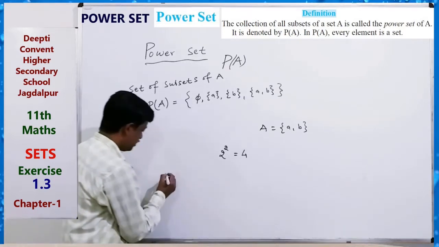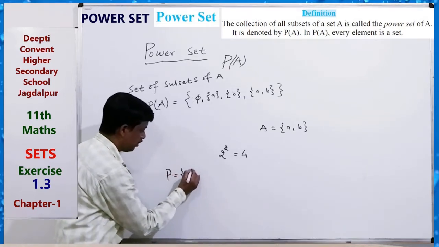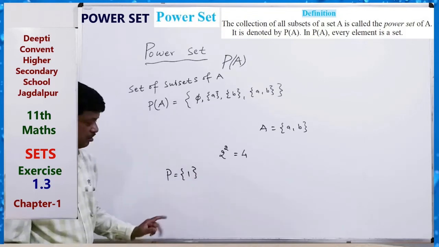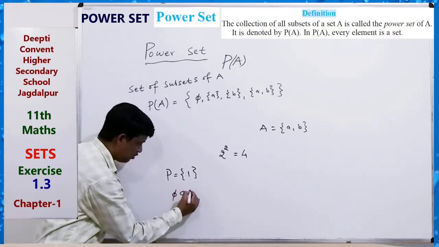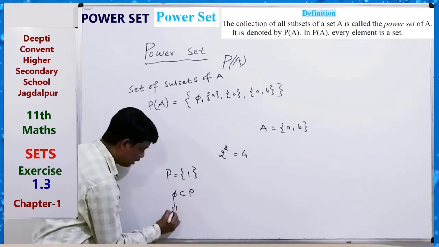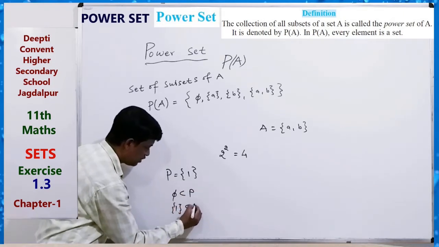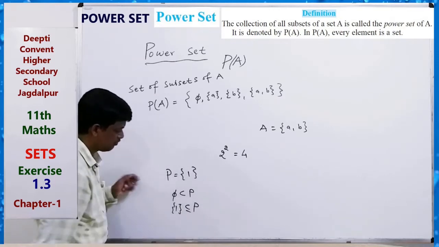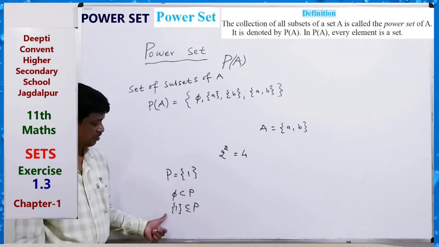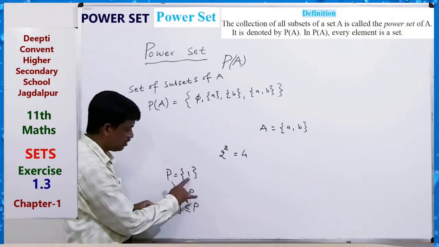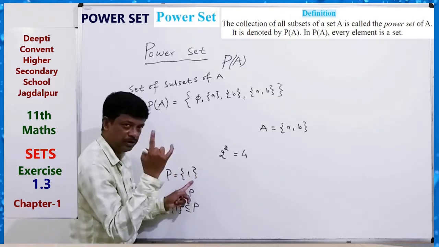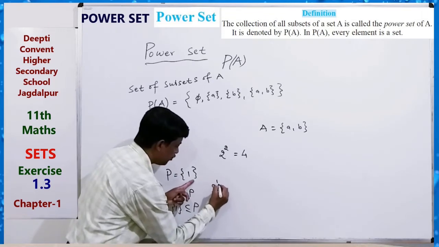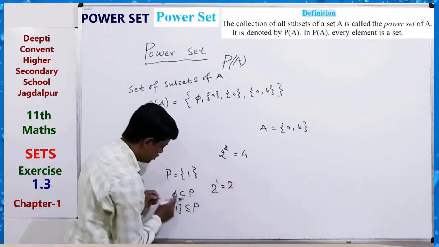Suppose we have a set like this, P equals {1}, a single element. So the empty set is a subset of P, and the singleton {1} is a subset of P, only 2. So how many elements are there? n(P) is 1. So 2 to the power 1 equals 2, 2 subsets.